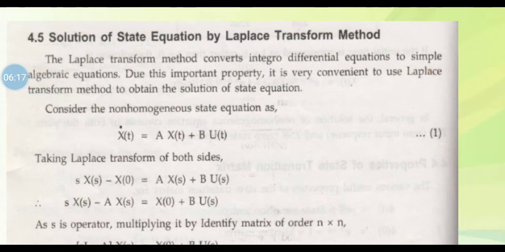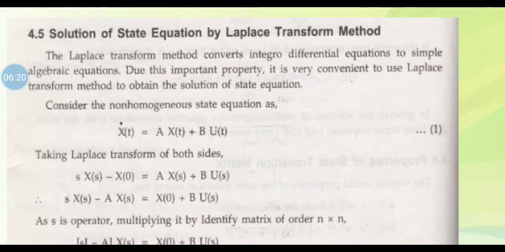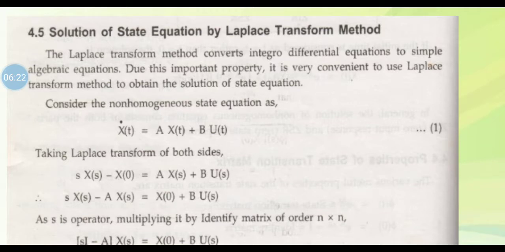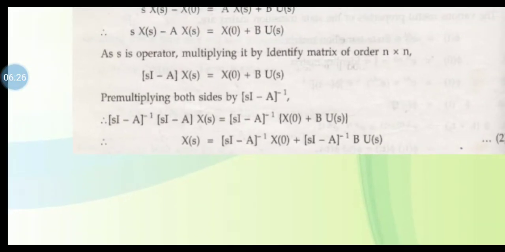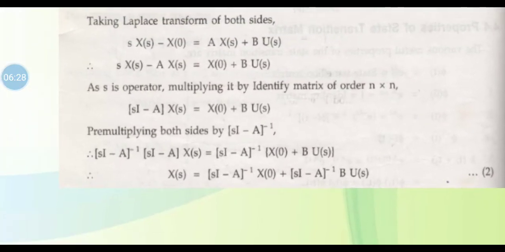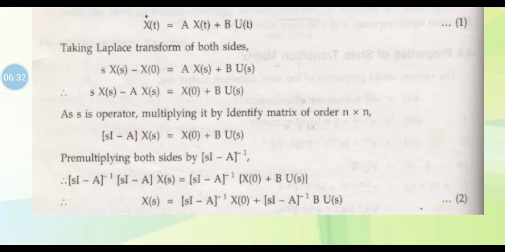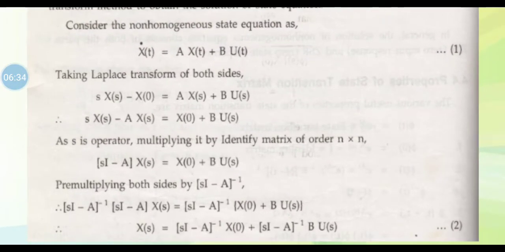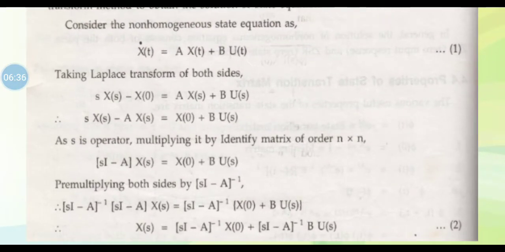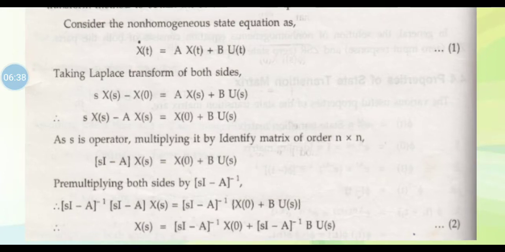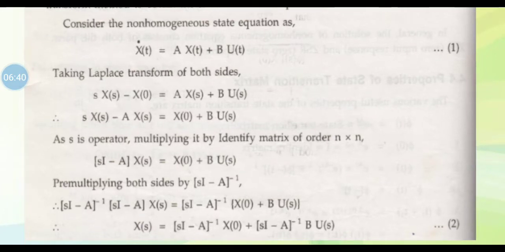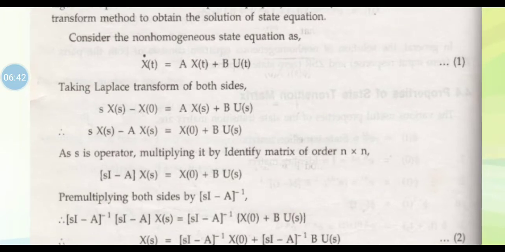The Laplace transform method converts integral differential equations to simple algebraic equations, and as this is considered an important property, it is very convenient to make use of the Laplace transform method to obtain the solution of the state equation.